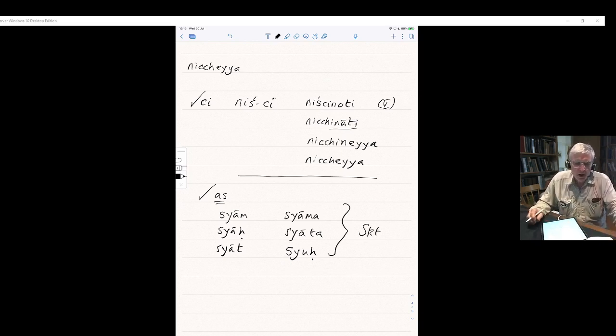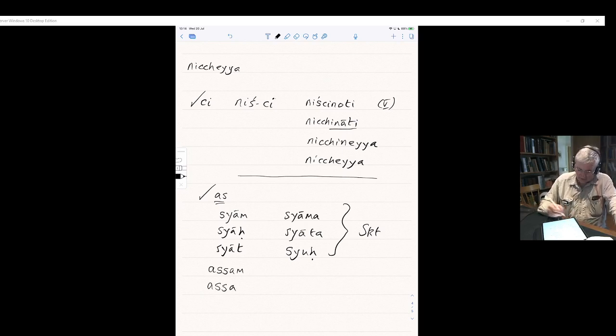What happens in Pali? The vowel of the as tends to keep itself in place, not always, but tends to. So asyam becomes in Pali assam. And for you, syah is assa.